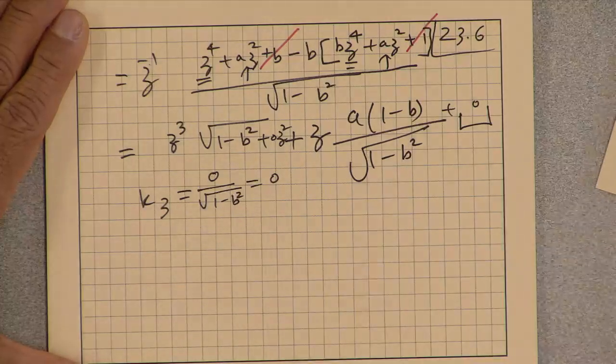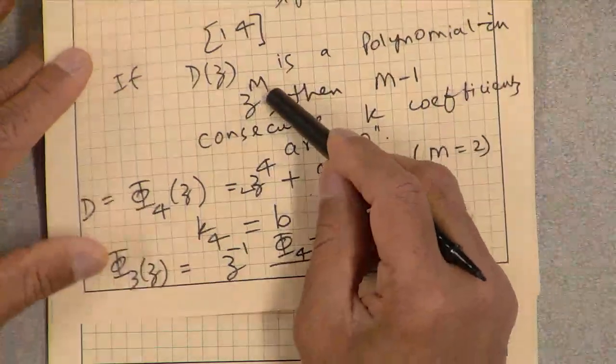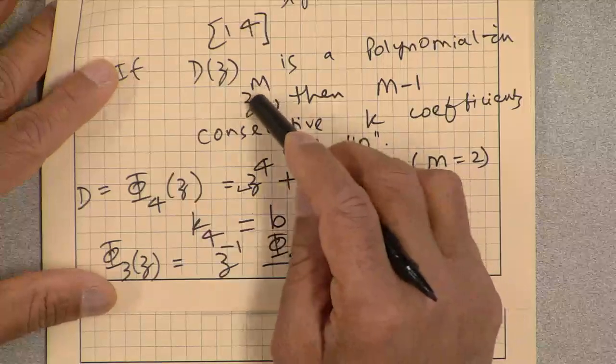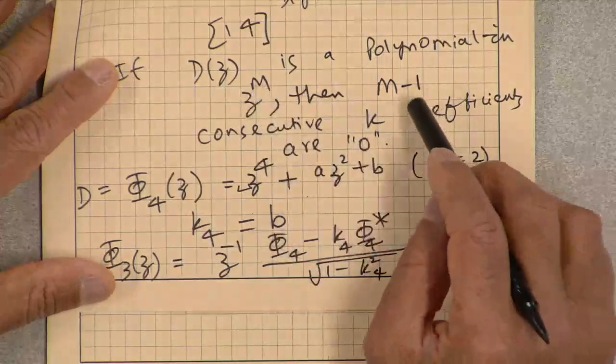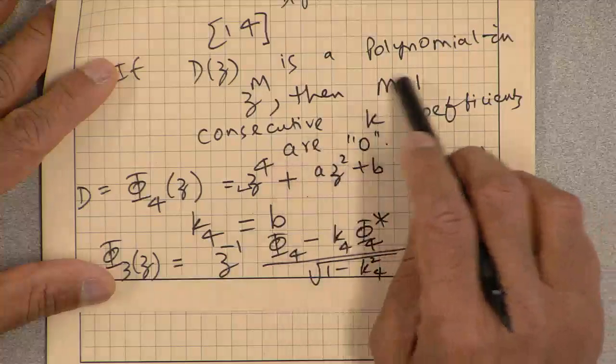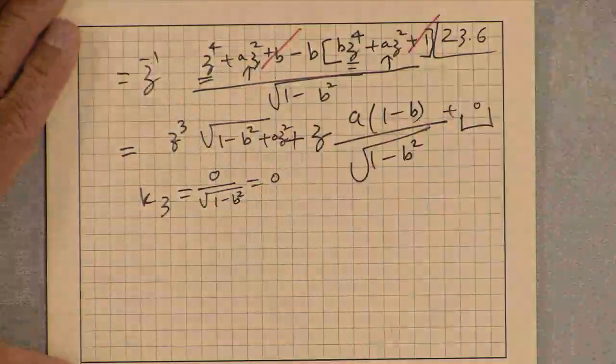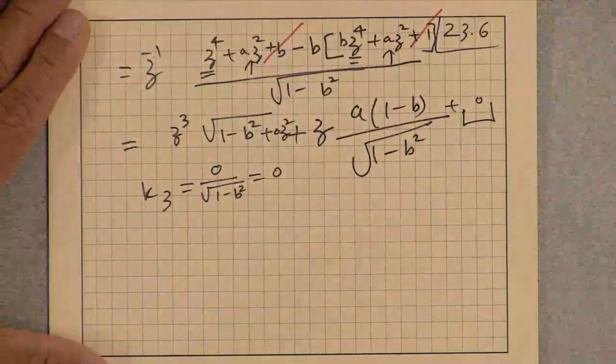So let's see here. The property that I was talking about: if the denominator is a polynomial of z to power m, then m minus 1 consecutive k coefficients are 0. So if m is 2, then every alternate k coefficient will be 0.